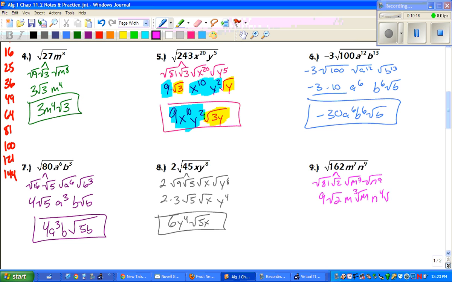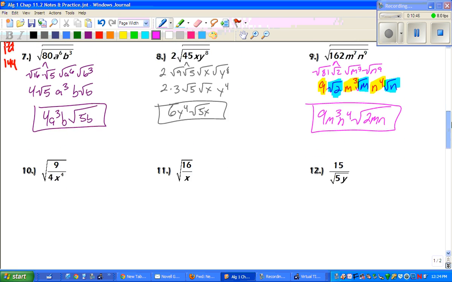So n to the 4th with a remainder, okay? It's good to stay organized so you can see all the different pieces that you've got, okay? 9m cubed n to the 4th, root 2mn, okay? Just remember, outside with outside, inside with inside, okay?